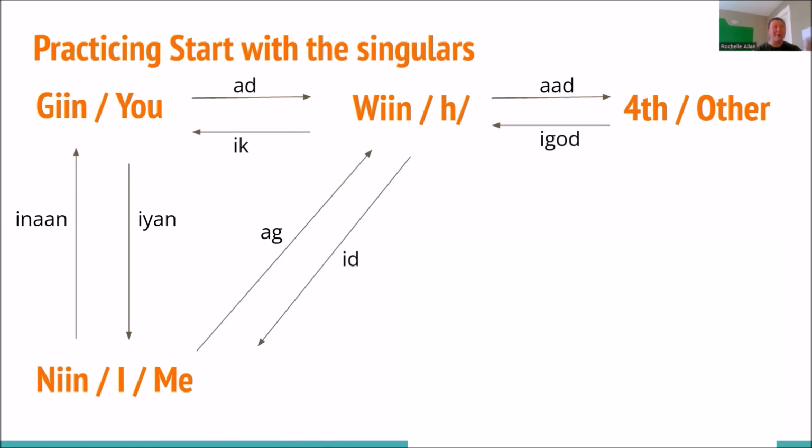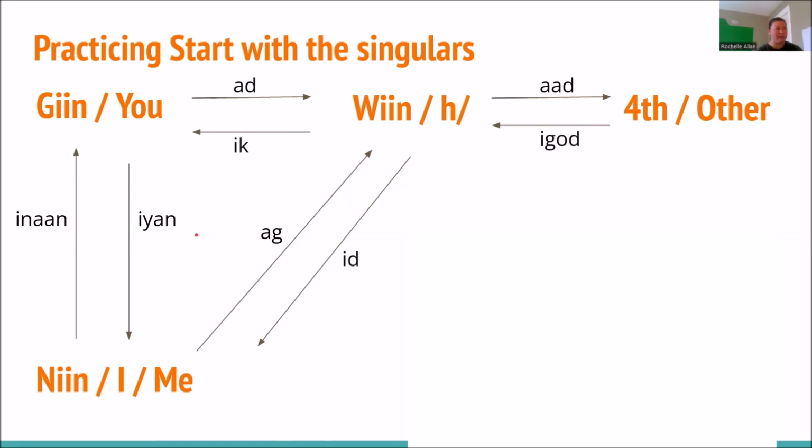So this is a chart for the singular versions, and you can write it down, you can put it on your wall, you can write it on your hand and walk around with it all day. However it's useful to you is great, but these are the singular options, and you want to remember these arrows are the direction of the action, and you want to put the verb ahead of the conjugation.